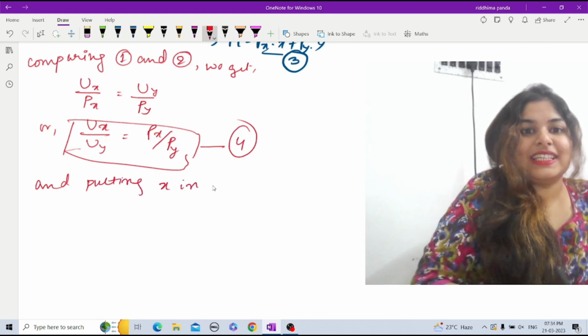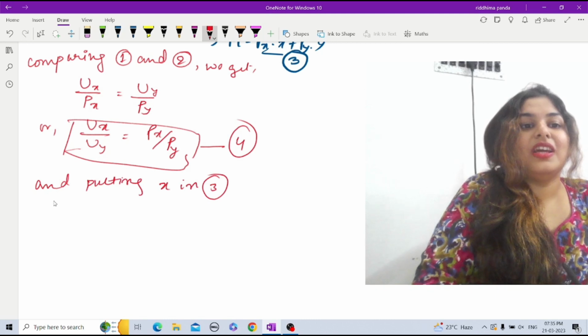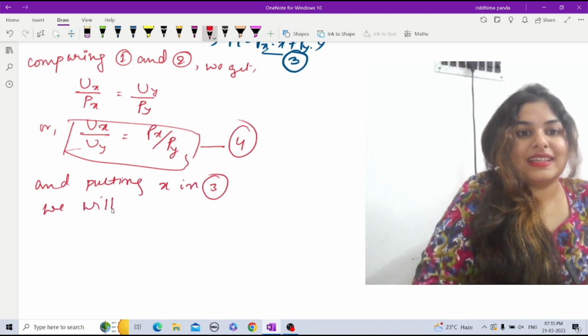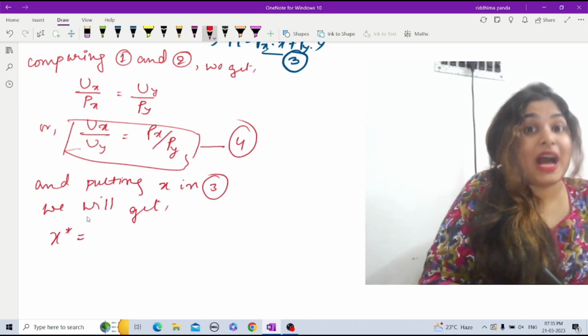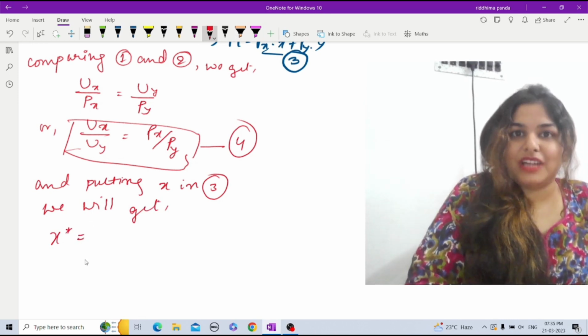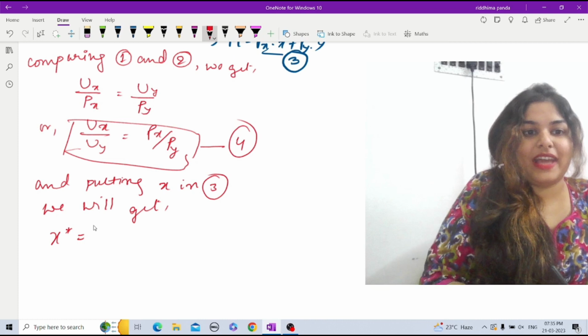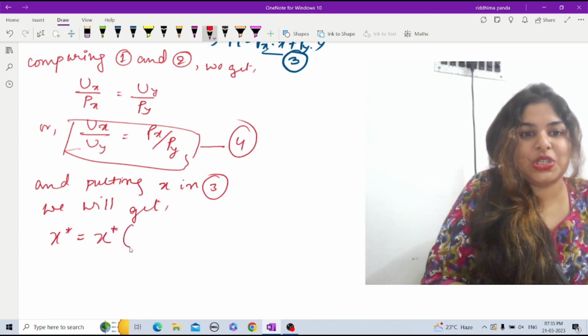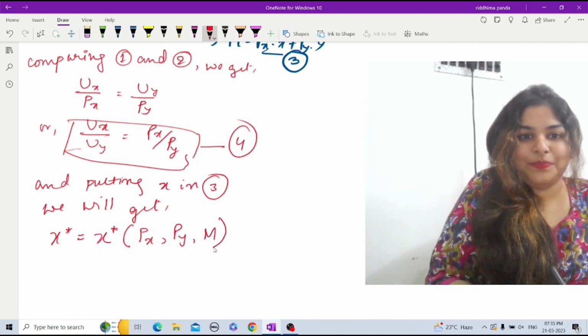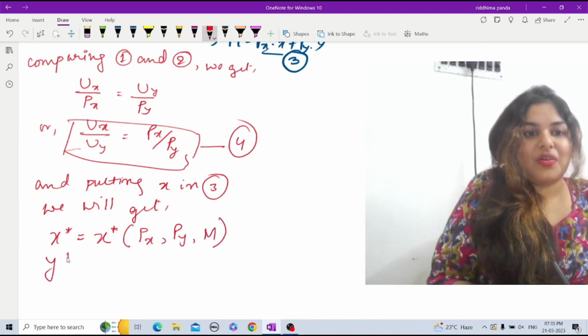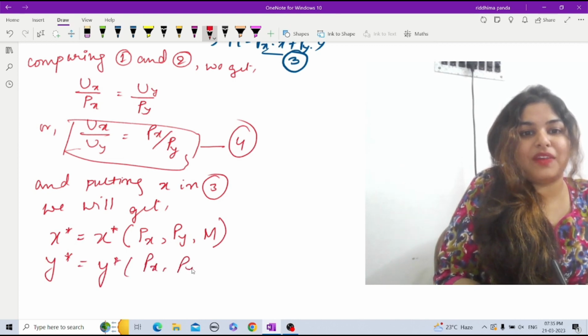the budget line, we will get x star, that is a Marshallian demand function of x. That is going to be a function of price of x, price of y and income, and y star is again a function of Px, Py and m.